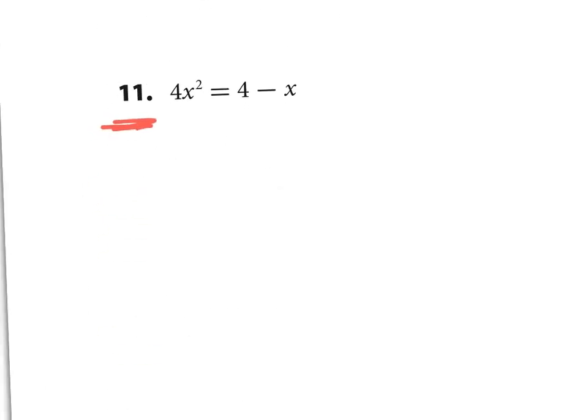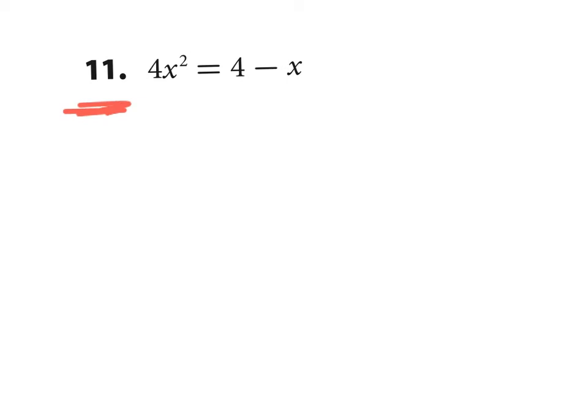Now, for problem number 11, if you are going to do quadratic formula, you must get it all equal to 0, the same way you do for factoring. Factoring, quadratic formula, everything must be equal to 0. So in this case, I've got to move my 4 over and my -x over. So if I do that, I've got 4x squared plus x minus 4 equals 0.